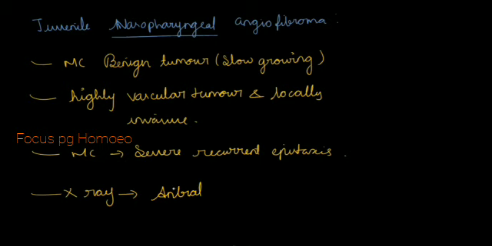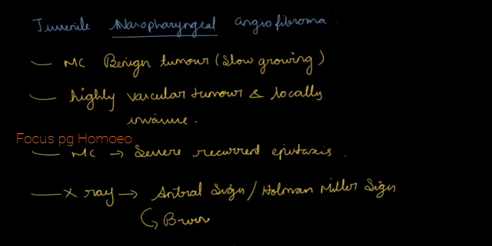It is also called as antral sign or Holman-Miller sign. So that is bowing of posterior wall of maxillary sinus we can see. Okay.